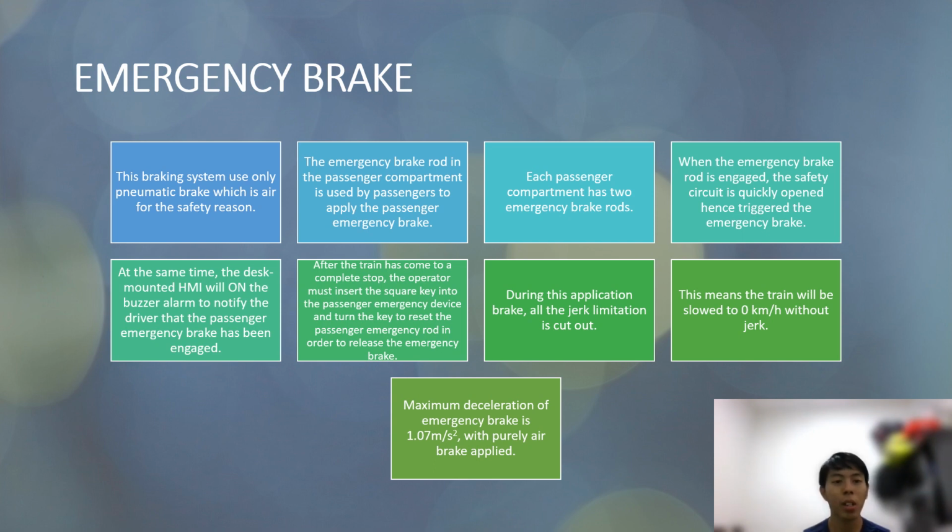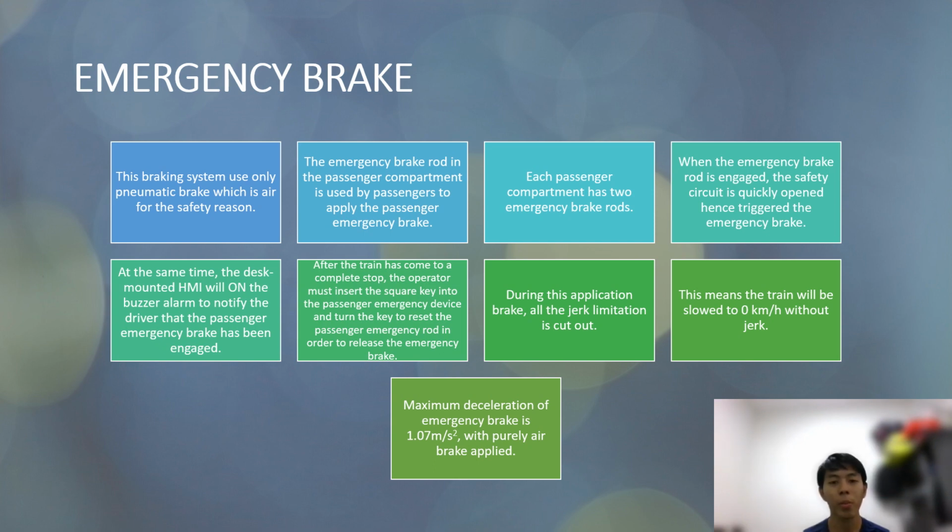At the same time, the dash-mounted HMI will turn on the buzzer alarm to notify the driver that the passenger emergency brake has been engaged. After the train has come to a complete stop, the operator must insert the square key into the passenger emergency device and turn the key to reset the passenger emergency rod in order to release the emergency brake.